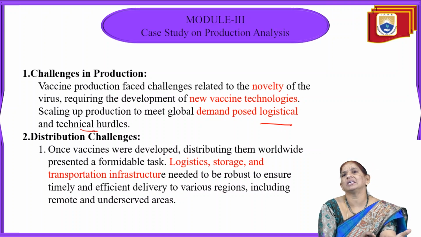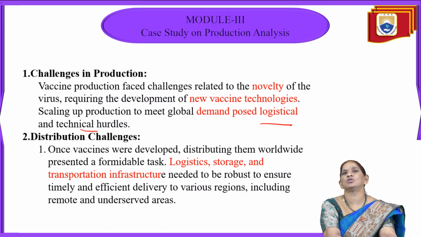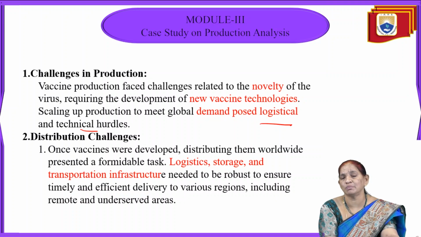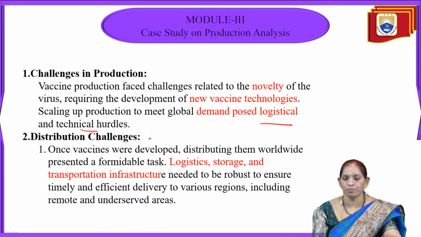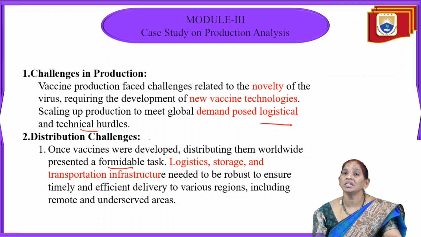Production and technological utilization is one phase of the challenges; in the same way, the supply of the vaccine and the use of logistics to supply it at a global level is another hurdle. Along with these production challenges, the distribution challenge also came across during the COVID pandemic. Once the vaccine was developed, distributing it worldwide presented a formidable task, a totally risky one.